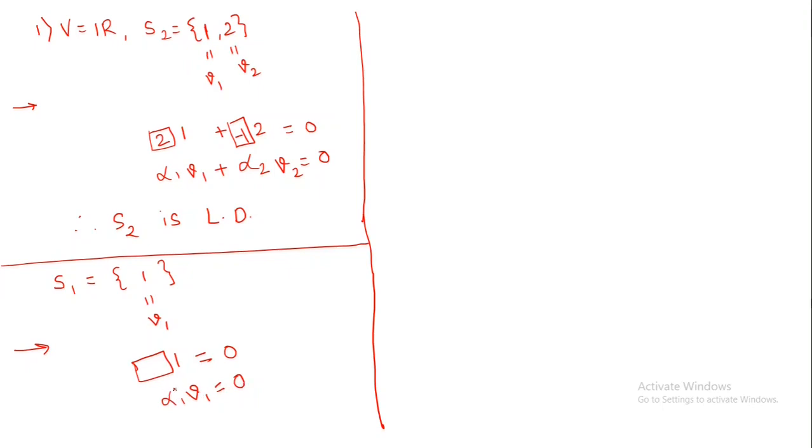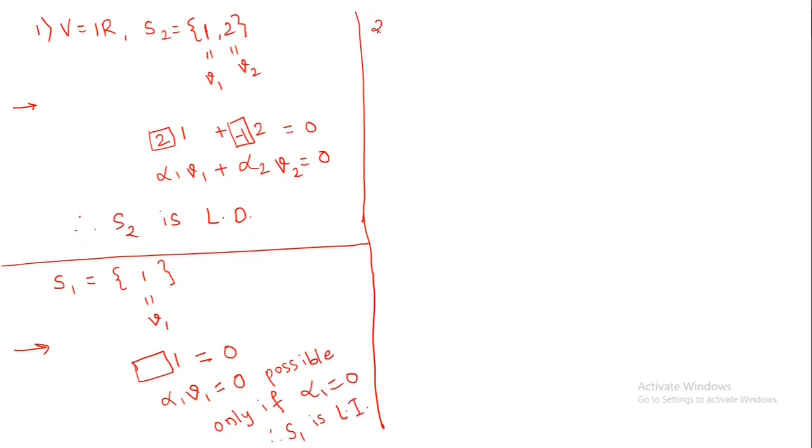Therefore alpha 1 should be 0 only. Then and only then will alpha 1 V1 be equal to 0. So this is possible only if alpha 1 is equal to 0. Therefore this S1 is linearly independent.